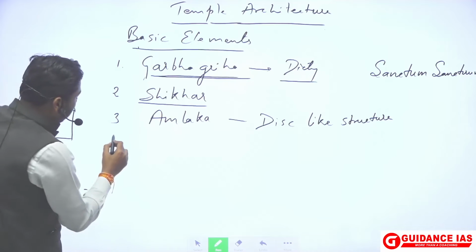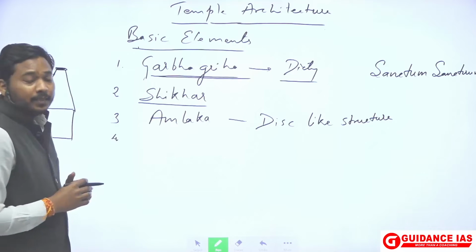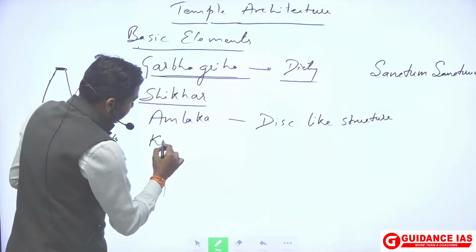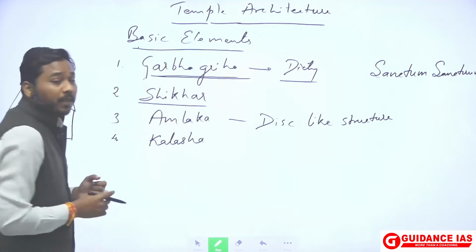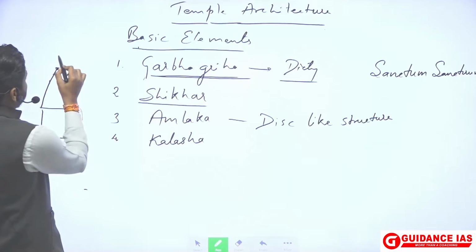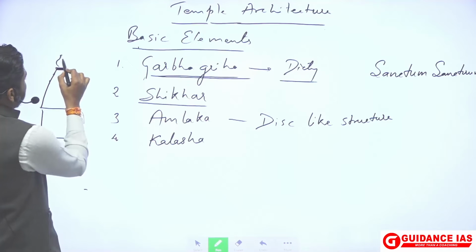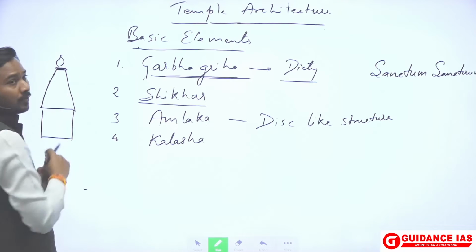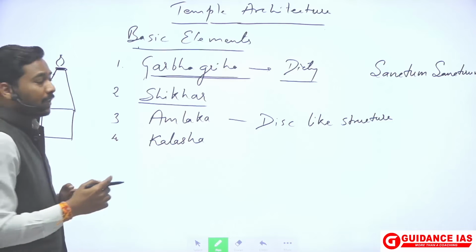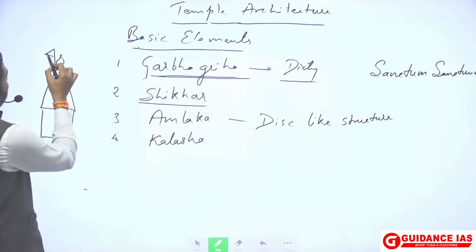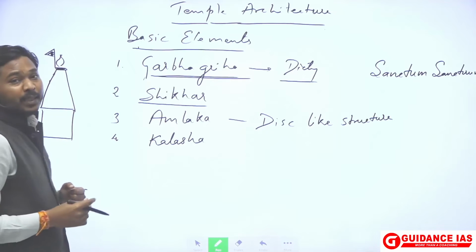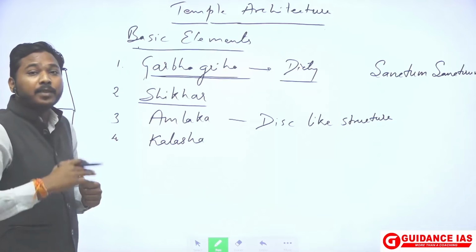And above this shikhar, there is a kalash. Kalash lies like this. And along with that kalash, sometimes a flag is also placed on the amlak itself.